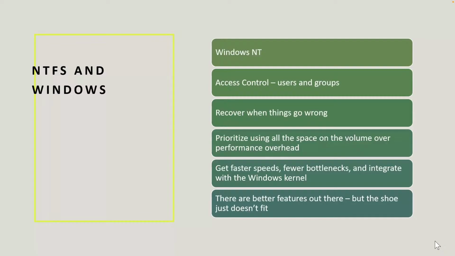If you are on a FAT file system, it's more likely that either you lose your data or it gets corrupted, something like that. With NTFS, you have a much higher chance that things will be preserved as much as possible. This also prioritizes using all the space on the volume.